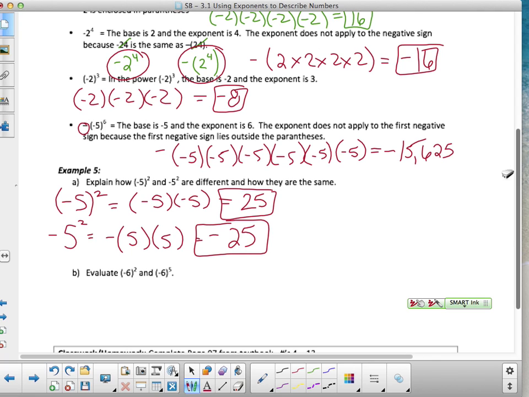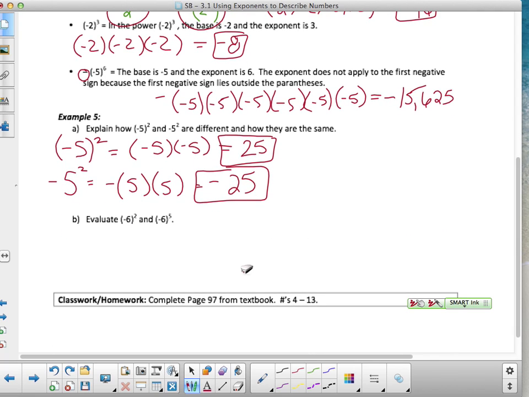So going on to the last little bit here, let's look at negative 6 squared and negative 6 to the, I think that's the 5th power. So again, looking at them, the difference is that this number here is an even number. This number here is an odd number. And I'm still dealing with a negative. But if I have an even number as an exponent, my answer, even if it starts off as negative, will be positive.